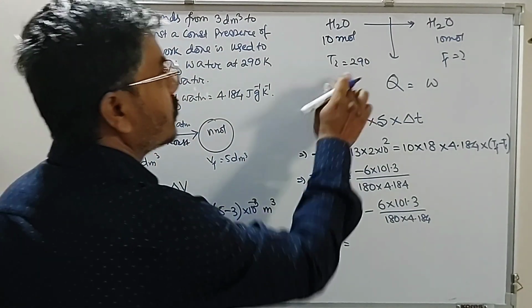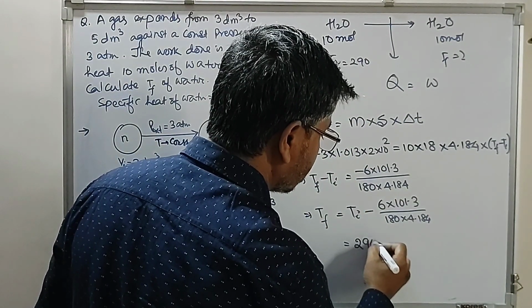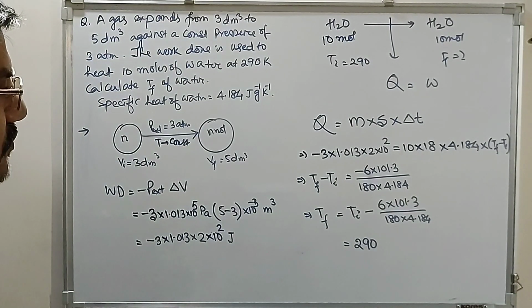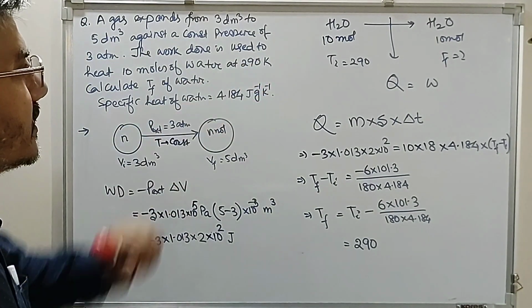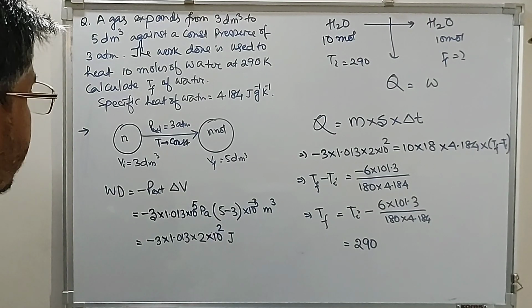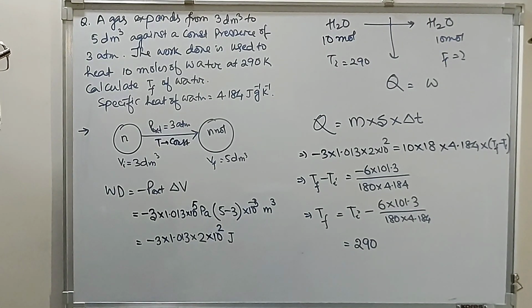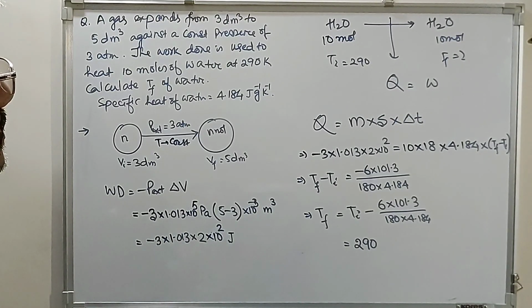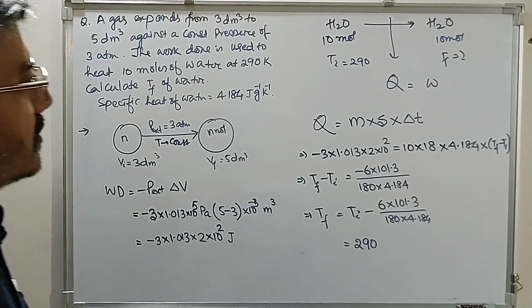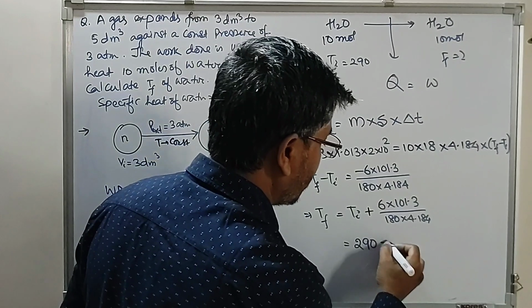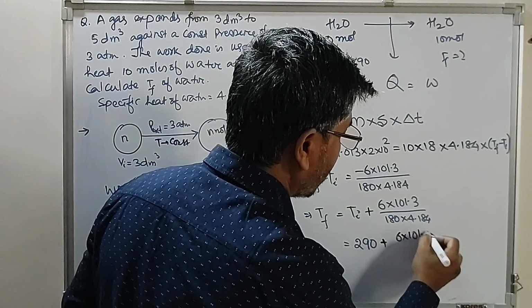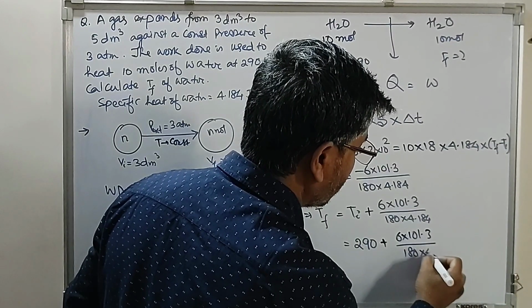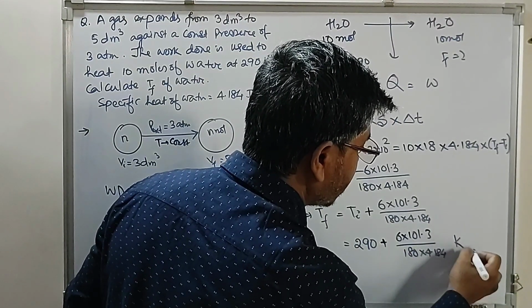The initial temperature was 290, so this is plus 6 into 101.3 by 180 into 4.184. This must be in terms of Kelvin.